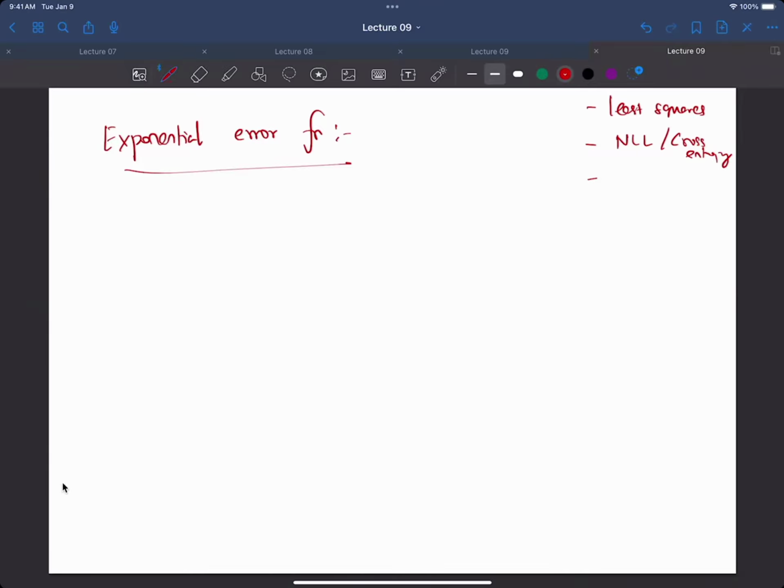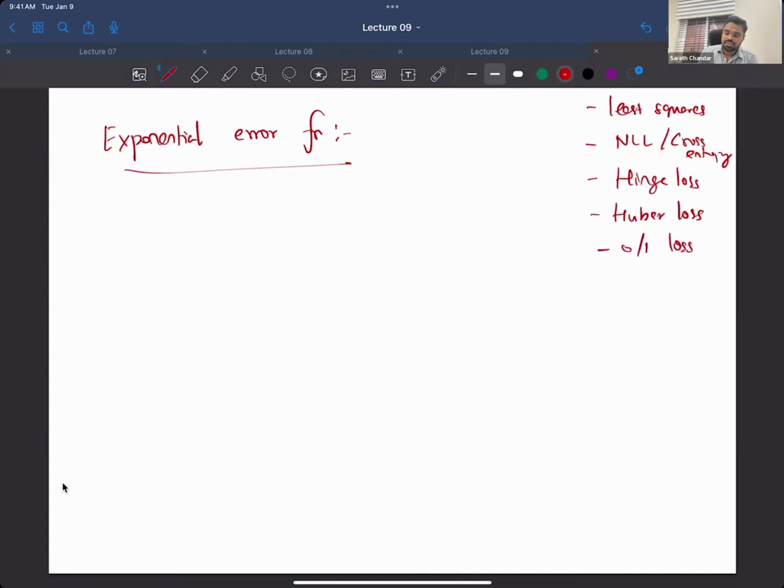Hinge loss, yes. I think someone said Huber loss. We haven't looked at it in detail in the class, but yes, Huber loss or L1 loss. Huber loss is just a combination of L1 and L2. And most importantly, the 0-1 loss. So these are the loss functions that we have seen so far.